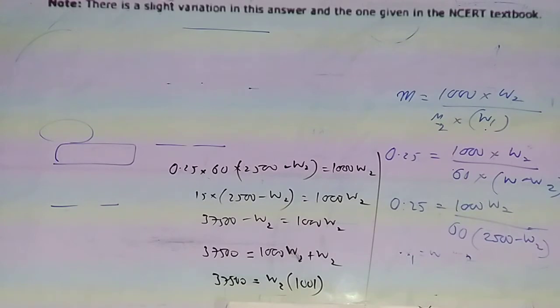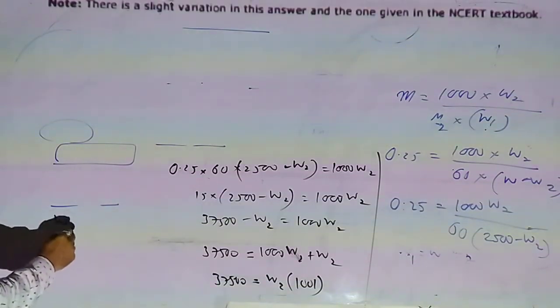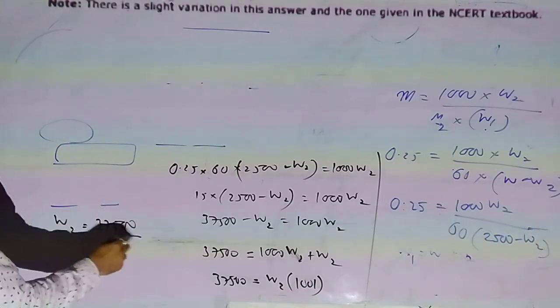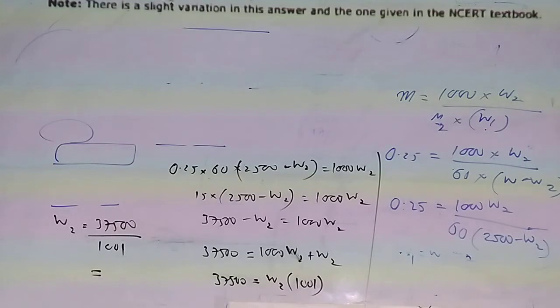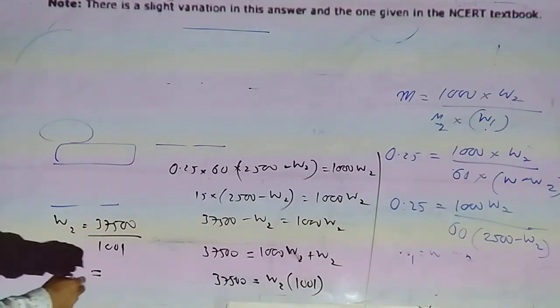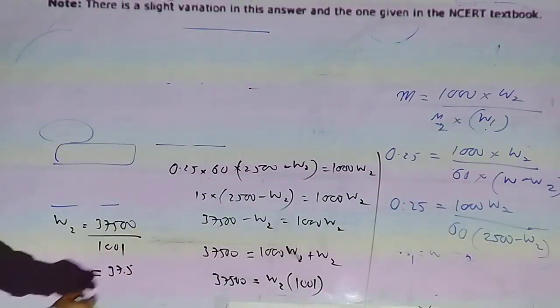Divide: W2 is equal to 37500 divided by 1001. So it will be roughly 37.5, which is our answer.